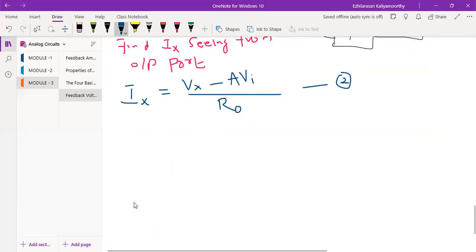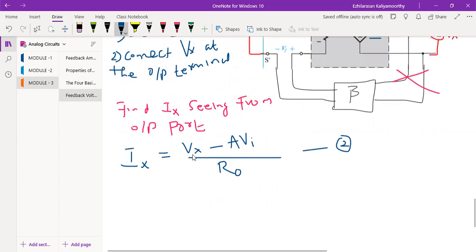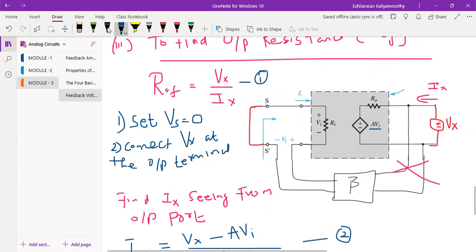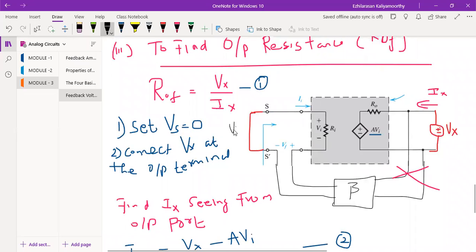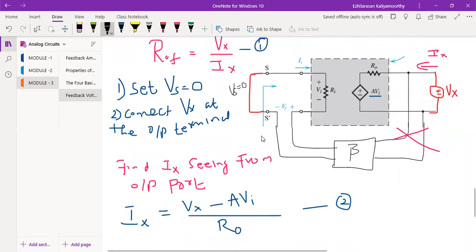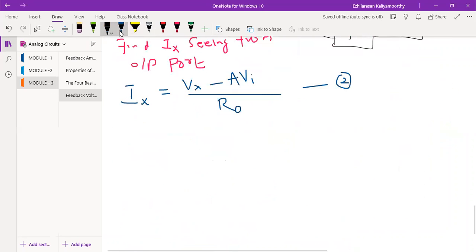Okay. Now what we'll do is, seeing from the input side, I know that Vs is equal to 0 here. If Vs is equal to 0, then what will happen here? Let me write the expression as we know: Vi is equal to Vs minus Vf.